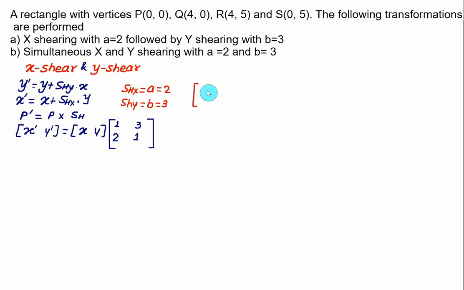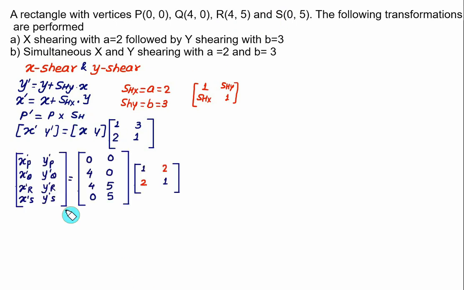So the combined shearing is same as 1, then we have shx, then we have shy and 1. Using this we can calculate the final point p prime q prime r prime s prime. You have to just do the multiplication with the shearing matrix. So here we write x prime y prime of points P, Q, R and S.